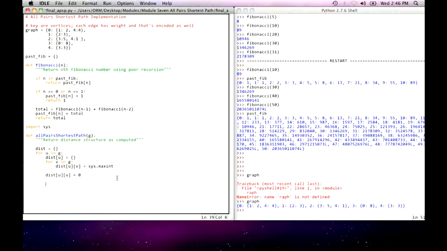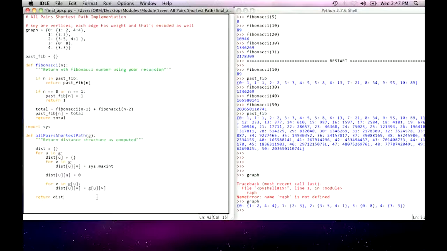Now, the edges that actually exist, I'll find those by looking at my neighbors. I've got a graph G. The neighbors of a particular vertex u are found in this G of u. And for each of those vertices, I will say that the best estimated distance of the shortest path from u to v is nothing more than the current edge weight that I have associated with uv.